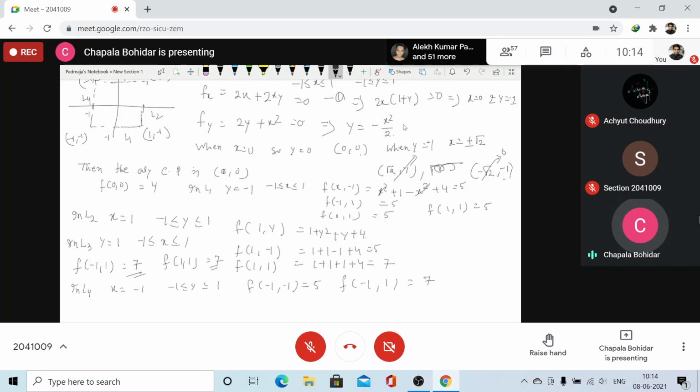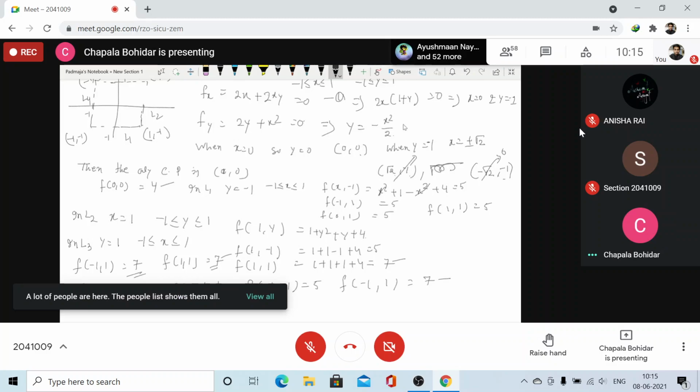So at which point do we have the maximum value, and at which point the minimum value, among all these points? This is the minimum one, and the maximum one is this. These three.